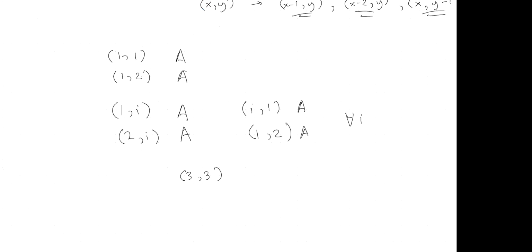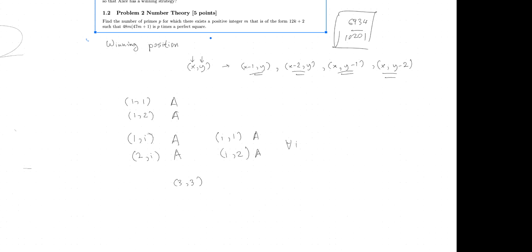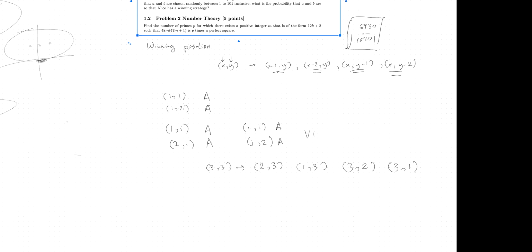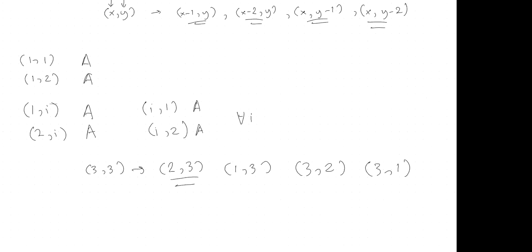All right, so for this position, (3, 3), let's consider what's going on here. Alice can make a move into one of (2, 3), (1, 3), (3, 2), and (3, 1). For one of her moves, she could get one of these 4 things. But once she makes a move, it's Bob's turn.